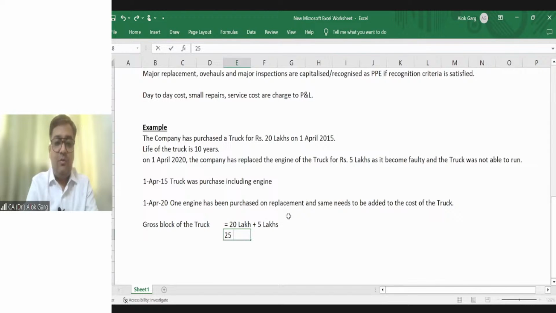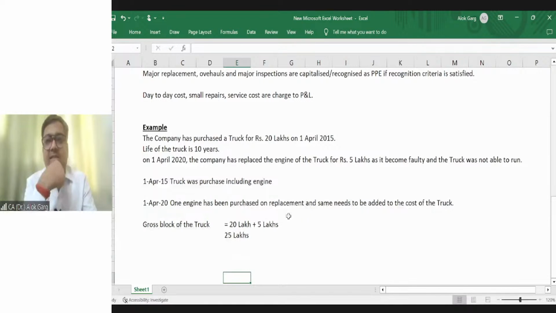Should I say the gross block of the truck is 25 lakhs? Can I say this? The initial cost of the truck was 20 lakh, right? After 5 years, a 5 lakh engine was installed. So now the value has become bigger. Now the value has increased for this truck, the gross block.